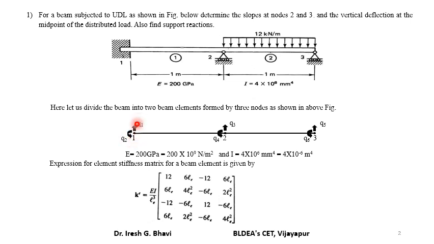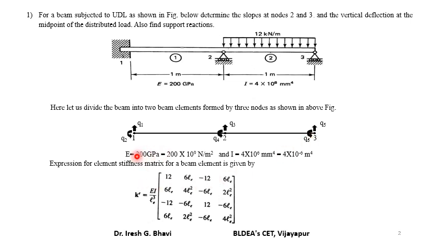Hence at node 1 the degrees of freedom are q1, the vertical displacement, and q2, the rotation theta or slope. q3 is the vertical deflection at node 2 and q4 is the rotation about node 2, and q5 is the vertical deflection at node 3 and q6 is the rotation or slope at node 3.